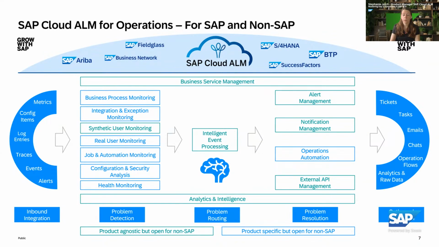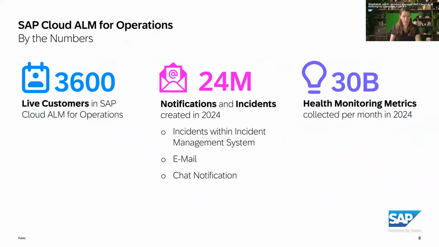This is what comes in. So the availability of your services via the business service management into the Cloud ALM, and comprised then also by analytics and intelligence functionality, which are spanning across all the use cases. And there's a lot behind the topic, which you can then use and figure out in order to come to your expected aim around observability.